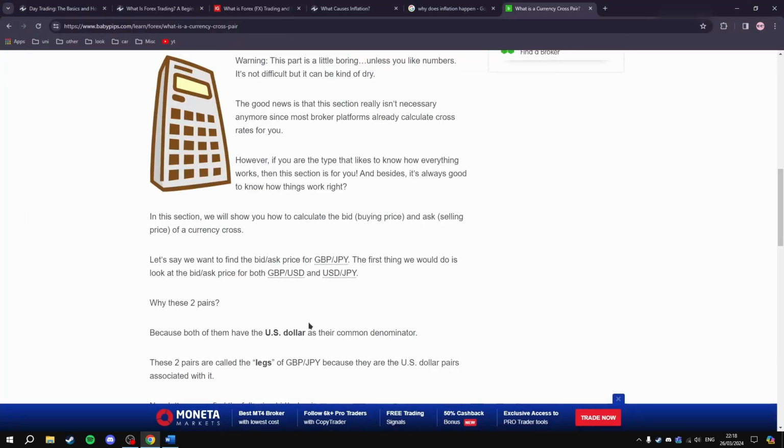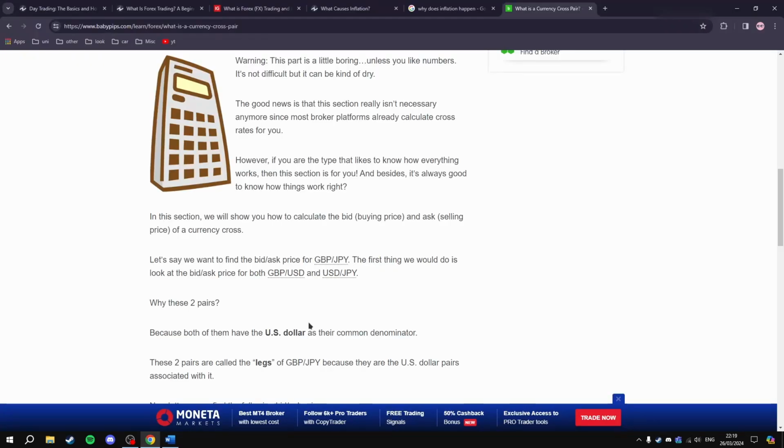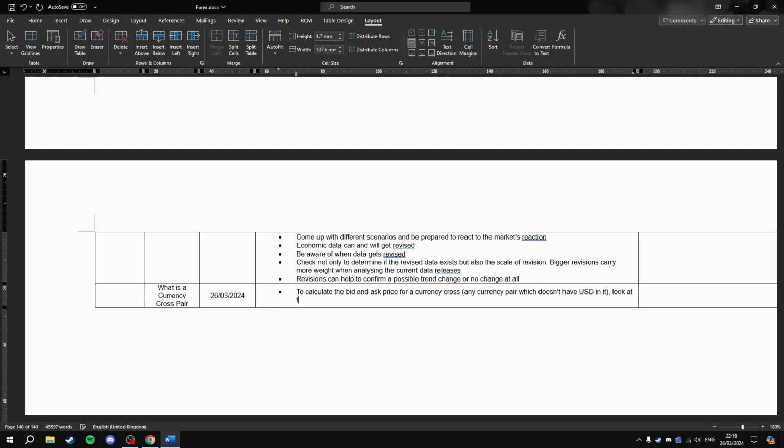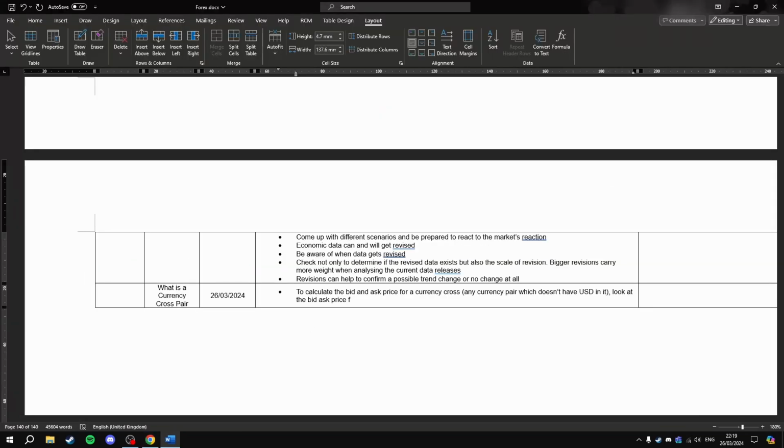To calculate the bid and ask price for a currency cross, which is any currency pair which doesn't have USD in it, look at the bid-ask price in relation to USD.